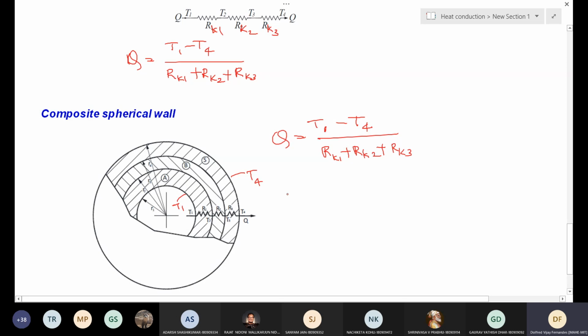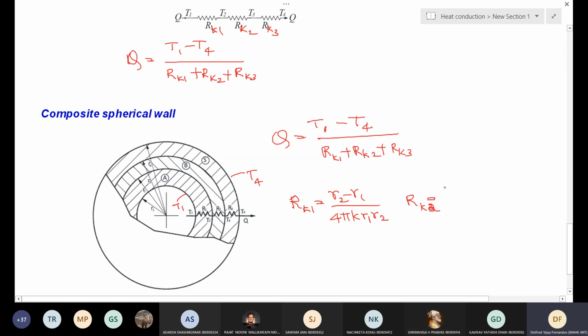Now tell me, what is RK1? R2 minus R1 divided by 4πK1 R1 R2. Similarly, you can write RK2 and RK3.